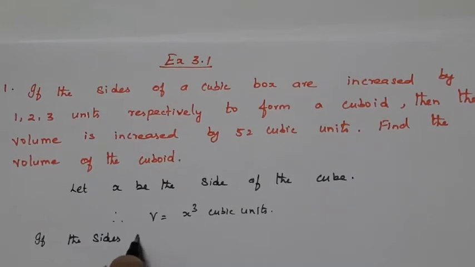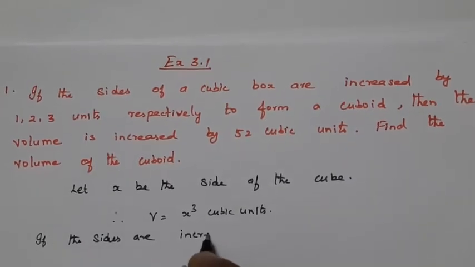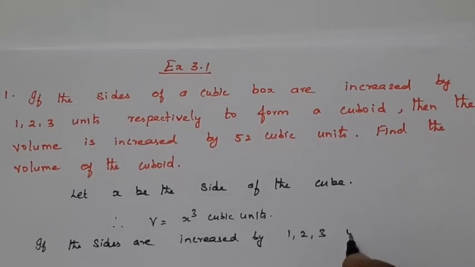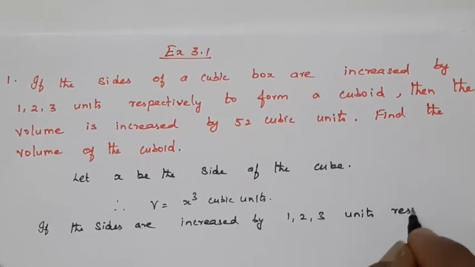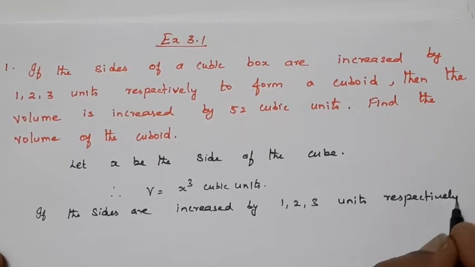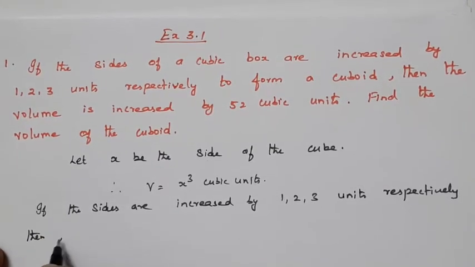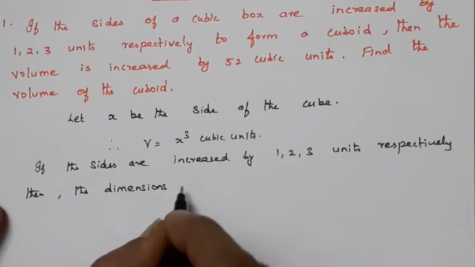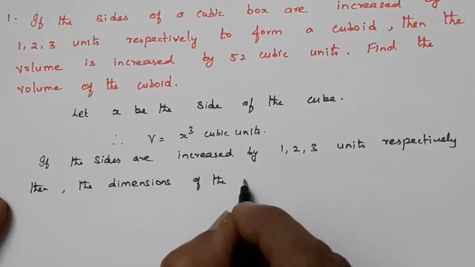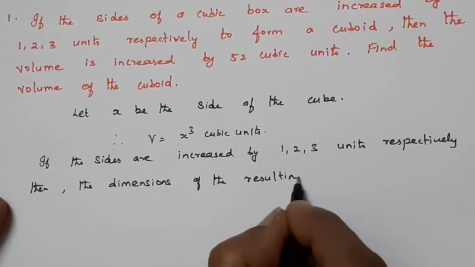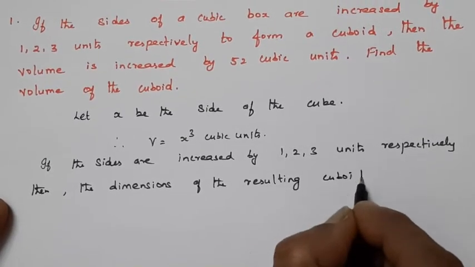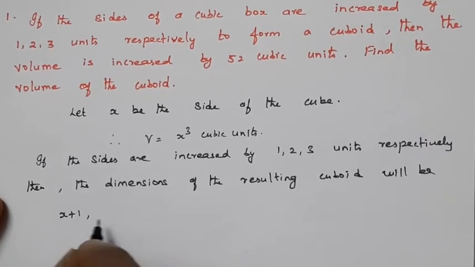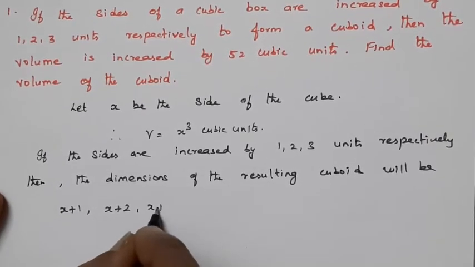So if the sides are increased by 1, 2, 3 units respectively, then the dimensions of the resulting cuboid will be x plus 1, x plus 2 and x plus 3.